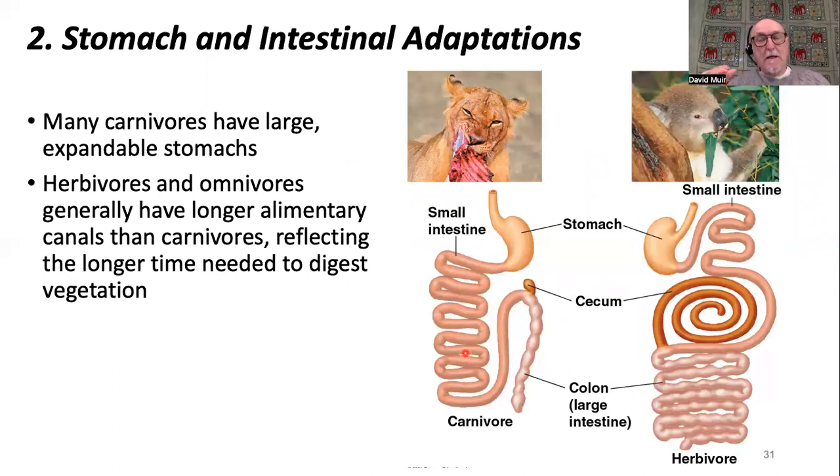The really significant adaptations can be seen in the structure of the digestive tract itself. Now, in the case of carnivores, and to a large extent in the case of omnivores as well, the major function of the digestive tract is to digest things which are relatively easy to digest.